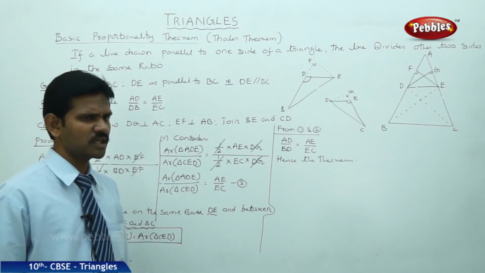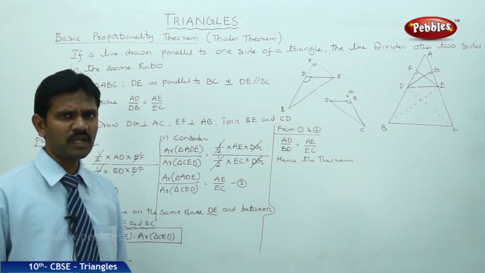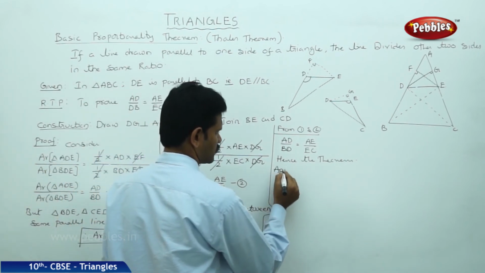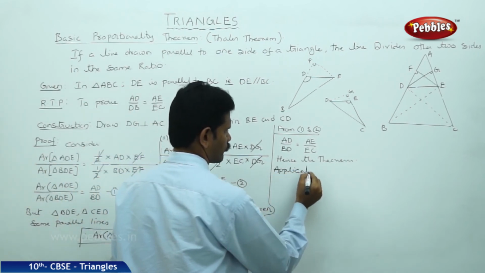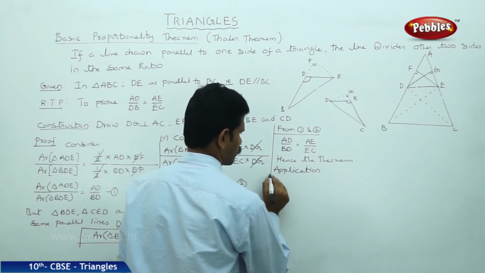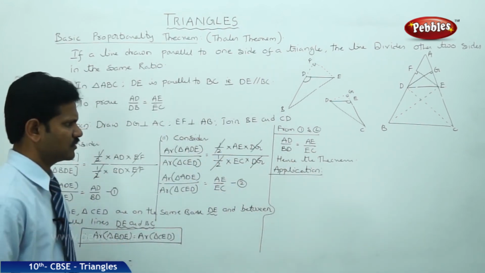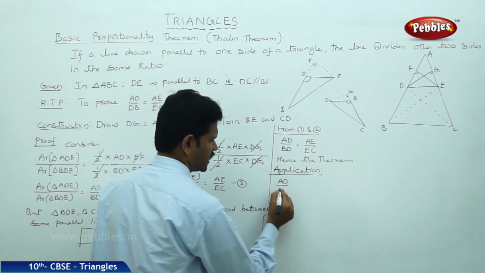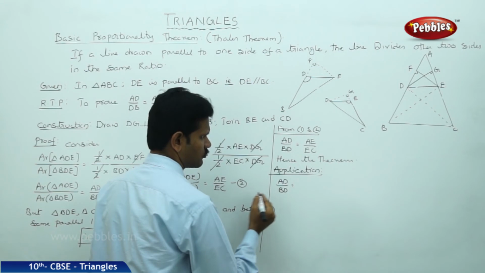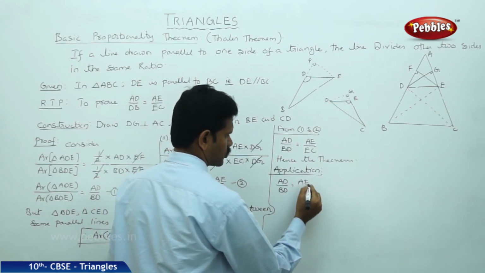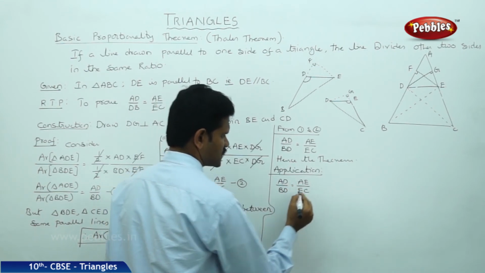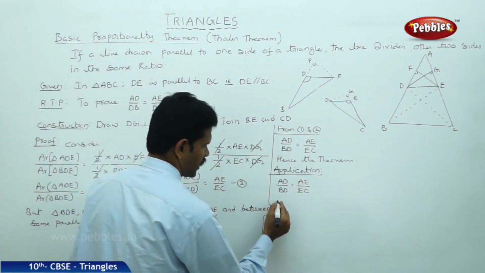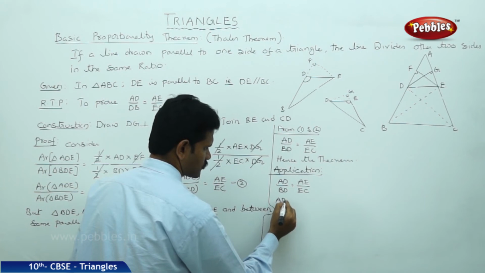Now, after this theorem, we may know one of the important applications. That is, from BPT we know that AD by BD is equal to AE by EC, and add 1 on both sides.